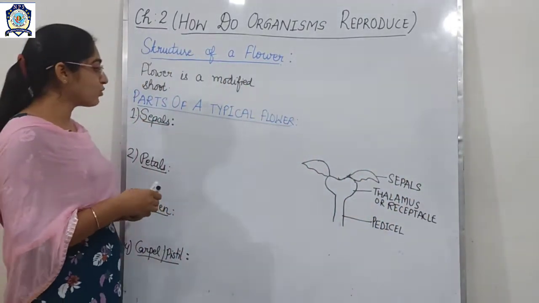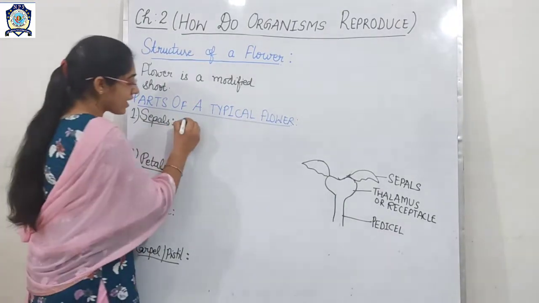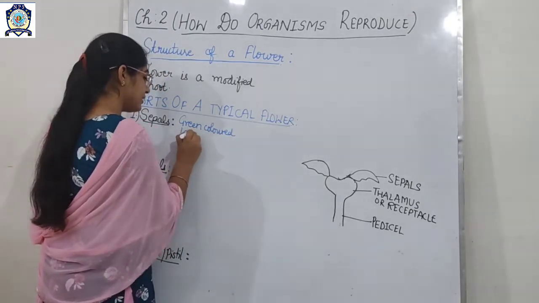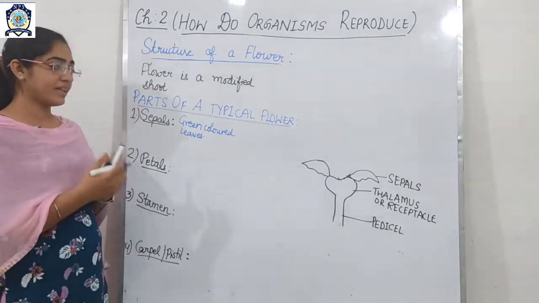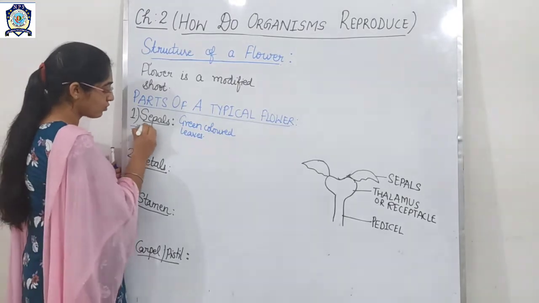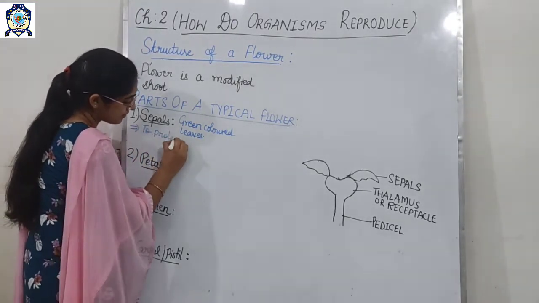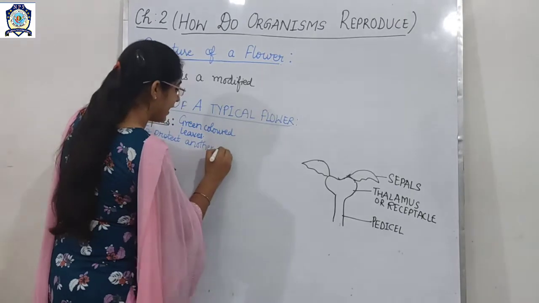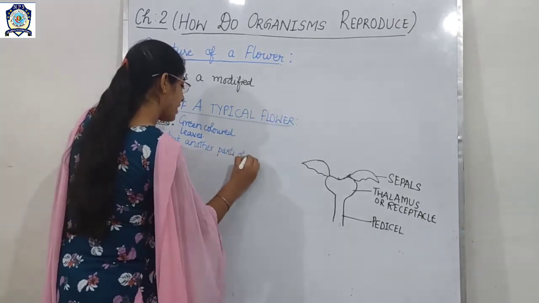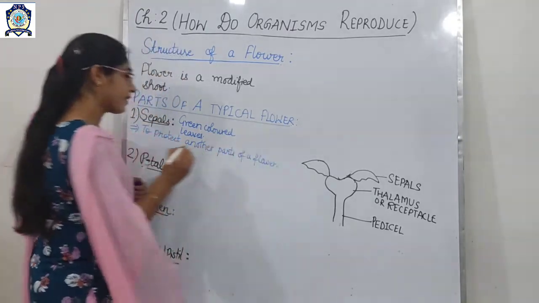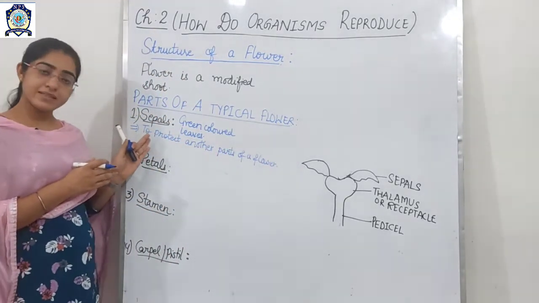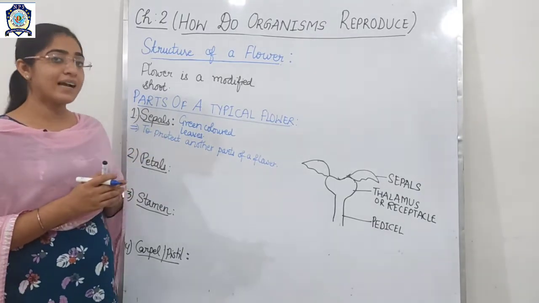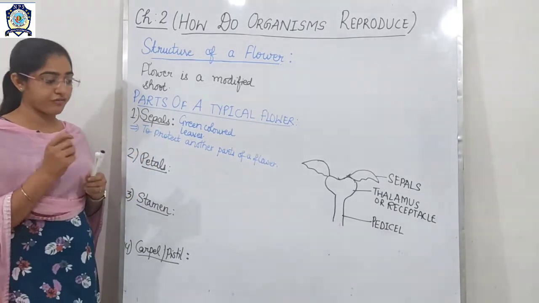If you have to write about the sepals, what will you write? These are green colored leaves, and their function is to protect the other parts of a flower. So sepals are clear to all: green colored leaves whose function is to protect the other parts of a flower.